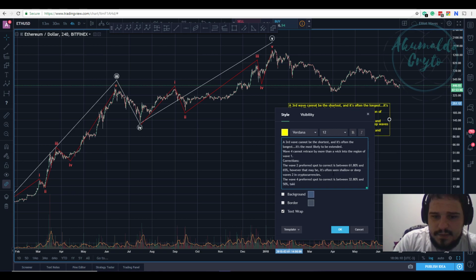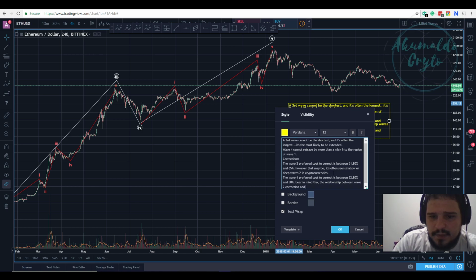Bear in mind though the relationship between wave 2 correction and wave 4 correction.